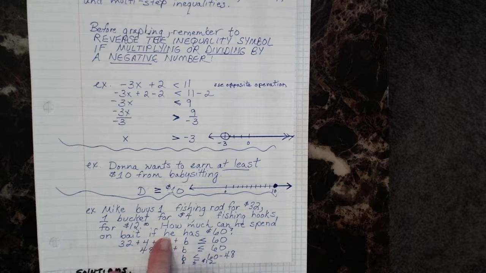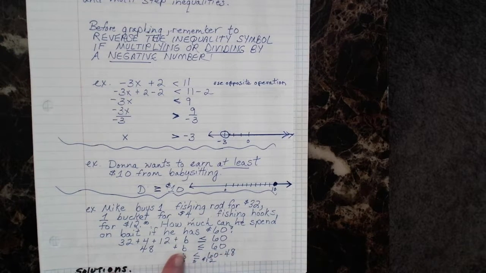So these digits add up to 48, plus B is less than or equal to 60. We subtract the 48 from both sides of the inequality, which leaves us with B is less than or equal to 60 minus 48, so B is less than or equal to 12.